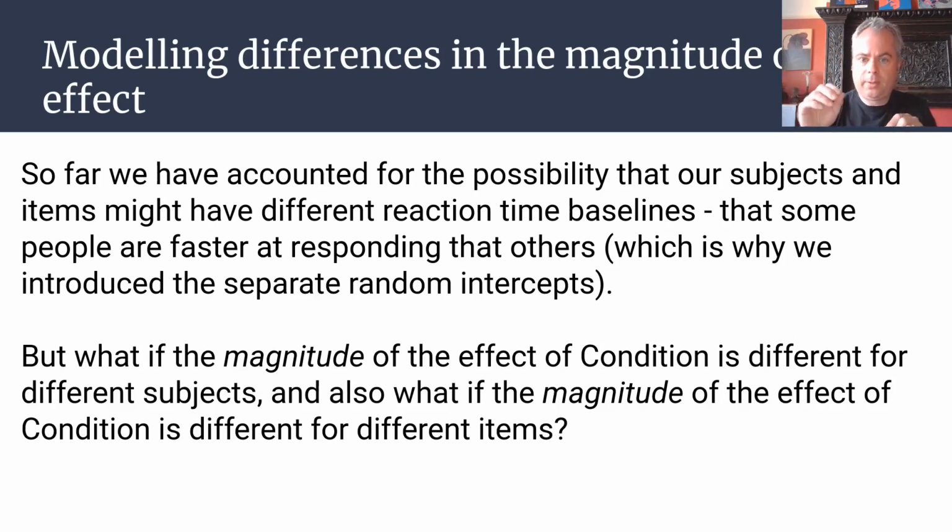But for another participant, they might still show the pattern of effect, but the actual magnitude between the two experimental conditions might be much less. So in addition to modelling the different baselines for our participants and items, we also want to be able to model the differences in the magnitude of our effect, both for our subjects and for our items. So that's what we're going to look at now in the context of mixed models. So how do we actually do that?